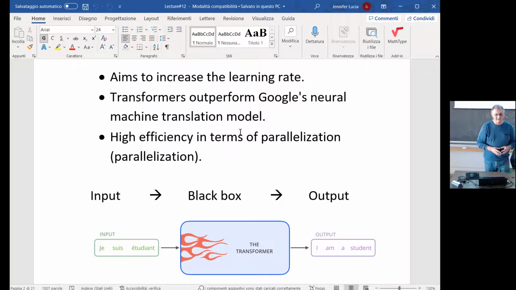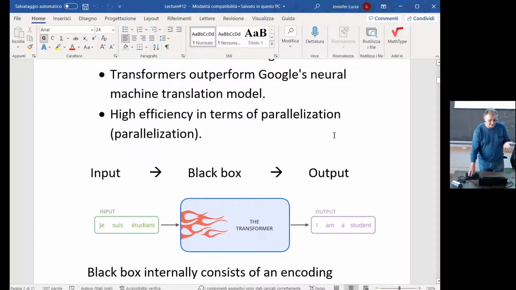So, as in the case of convolutional neural networks, where we have a lot of matrices with maps between them, we can parallelize this process and have a very effective and very fast result of training and calculation.